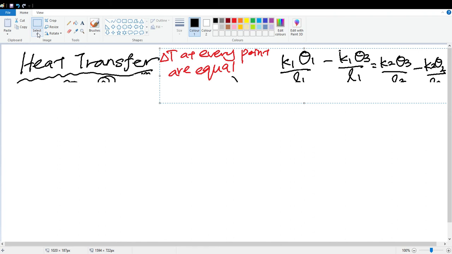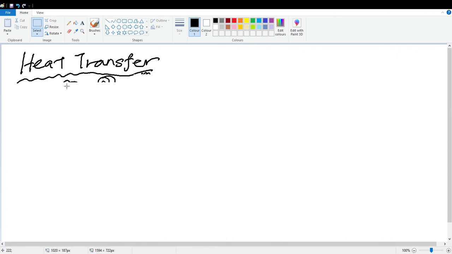Okay, so let me just erase all this. Alright, back to the original equation, which is the rate of heat flow for rod K1.